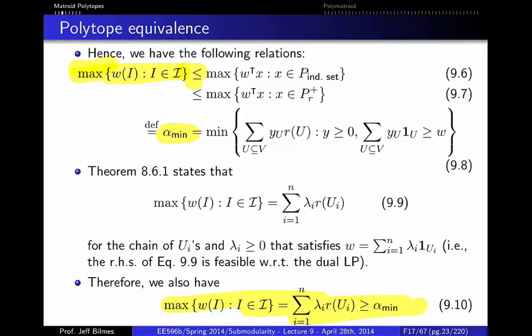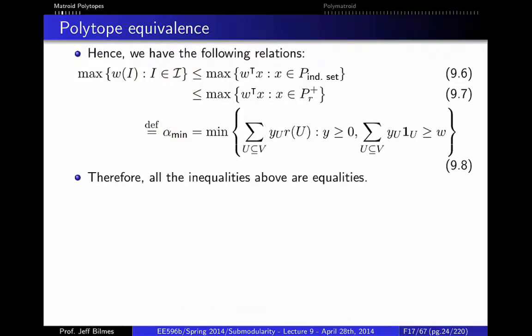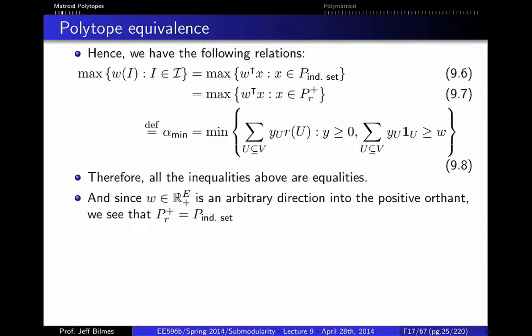what happens to all the inequalities in equations 9.6 and 9.7? They become equalities, right? All the above are equalities, and so we can just turn them into equalities right here.